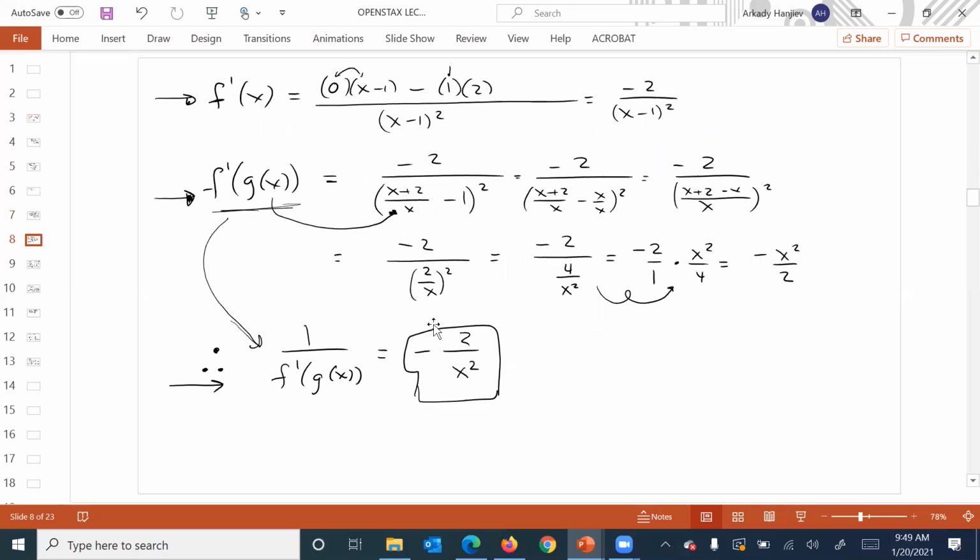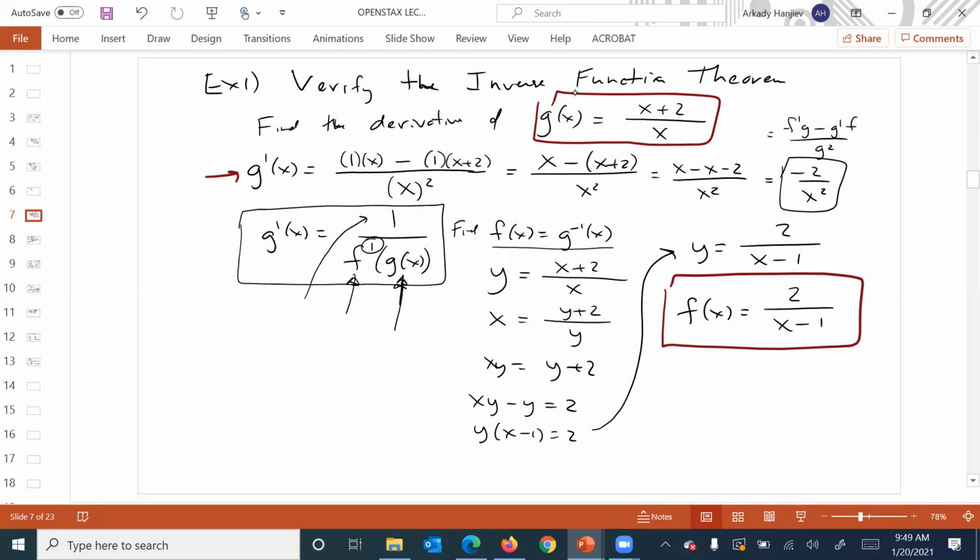We are going to take the derivative of the outside function. We're going to stick the initial function inside that one, and then we're going to take the reciprocal, and we find out that that's the same answer as that right there.